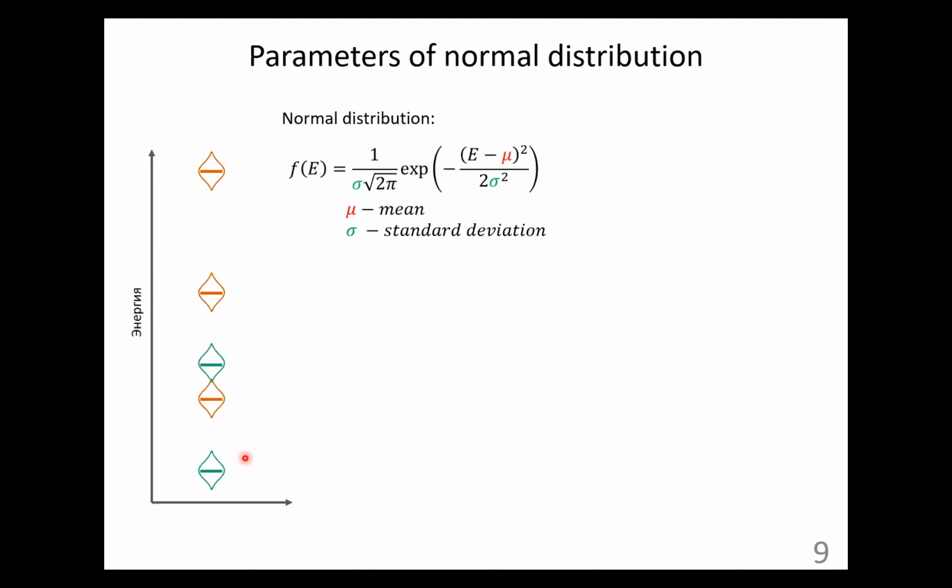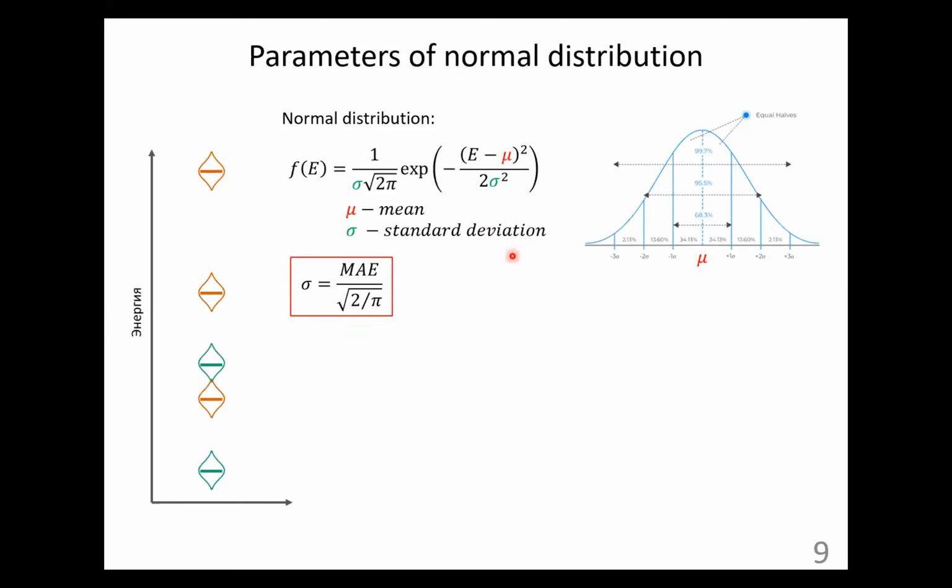First of all, let me say that for normal distributions, we only need to know the mean and the sigma, the standard deviation. And mu is clearly just the predicted, the computed energy of this transition state, because it's our best guess here, and we can expect the actual value to be distributed around it.